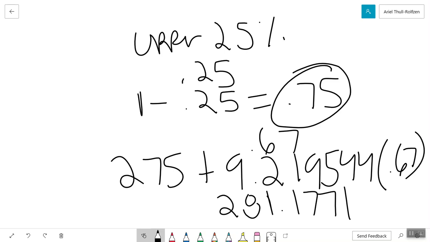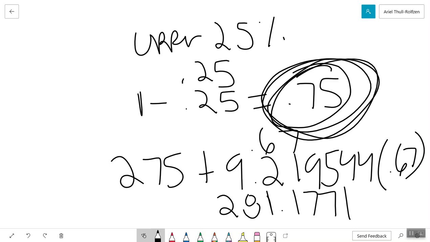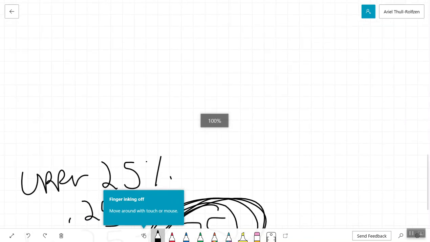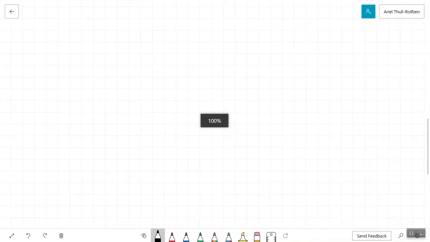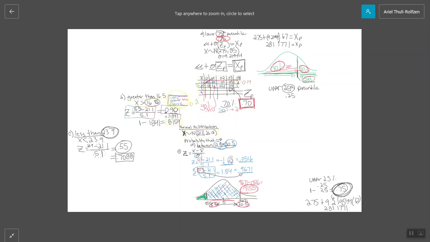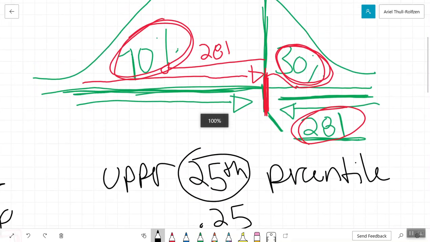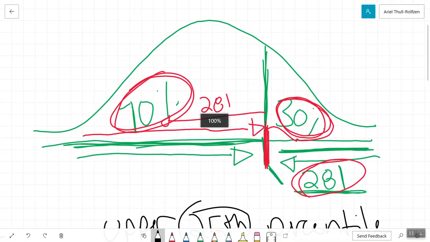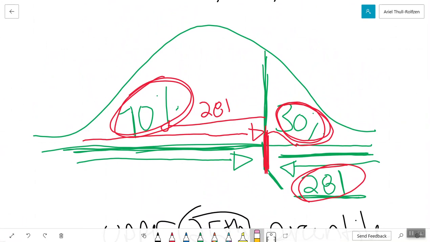One cool thing about this is that if he asked you for the lower 75th percentile and the upper 25th percentile, the answers are going to be the exact same thing, because that upper 25th percent, you're going to have to convert to the lower 75th to find it anyway. Whoops, this is going to be 25.